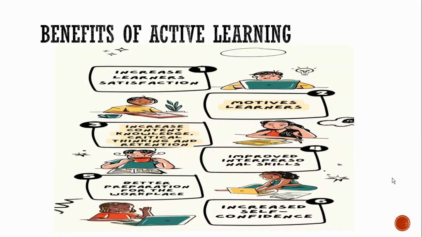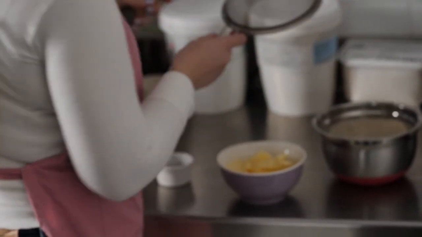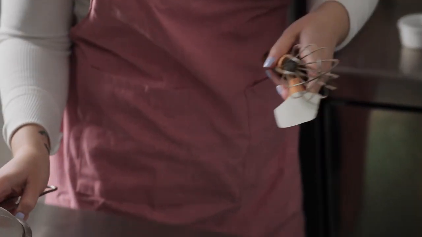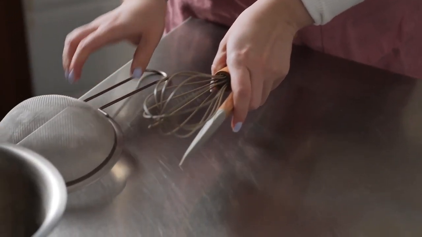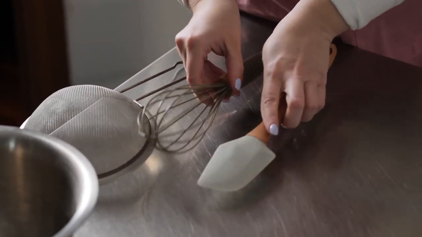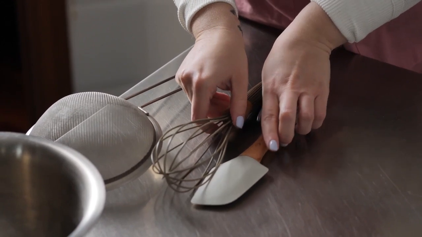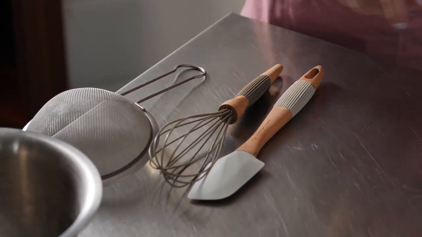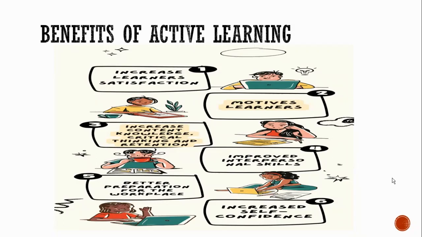Number five, when you use active learning strategies, you're able to better prepare these learners for the workplace. And of course, through developing these interpersonal skills, they're going to be ready for the industry. And usually, these interpersonal skills are valued by employers.